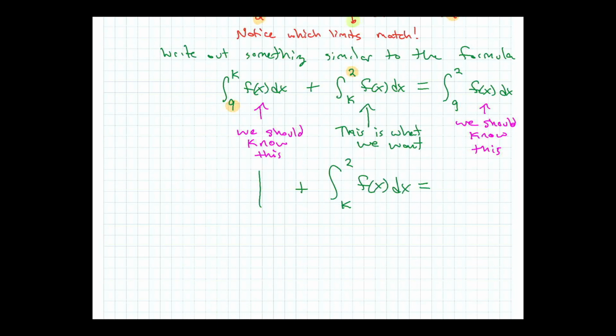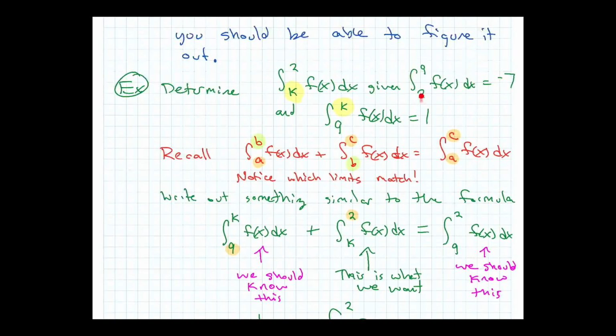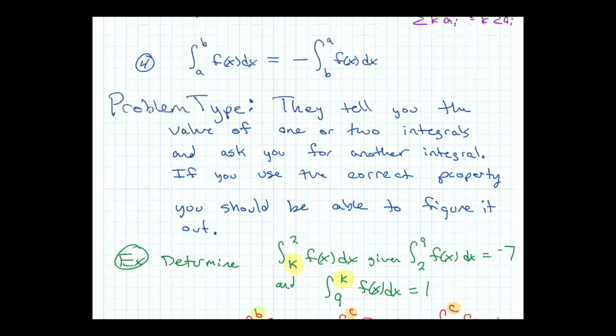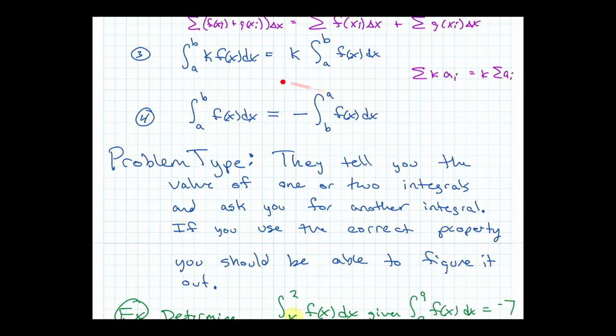equals, okay, what are we going to do about this? Because this is 9 on the bottom, 2 on the top. And this is 2 on the bottom, 9 on the top. But don't we know a way to deal with that? I think we do, right? If you scroll up a little bit, look at this.